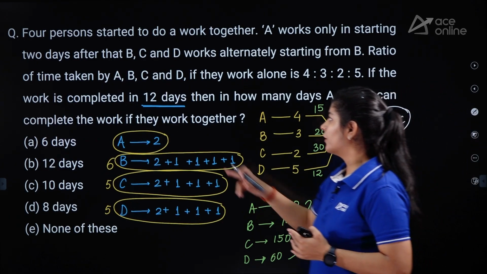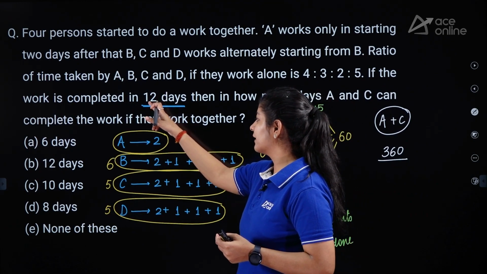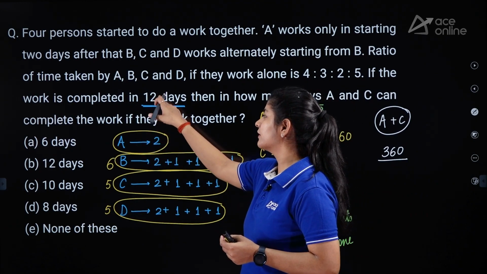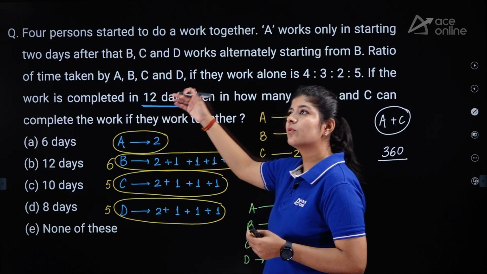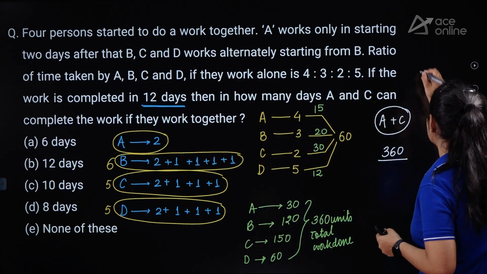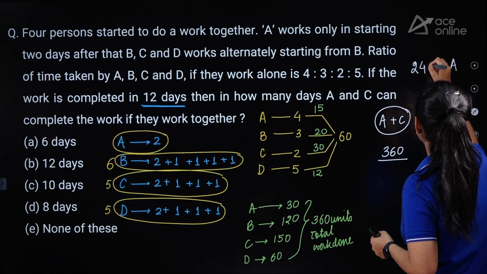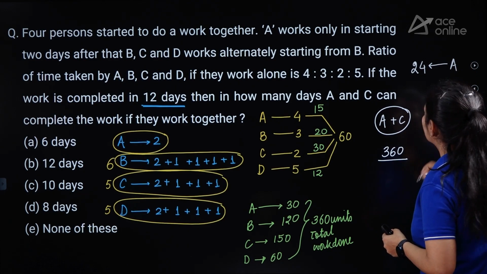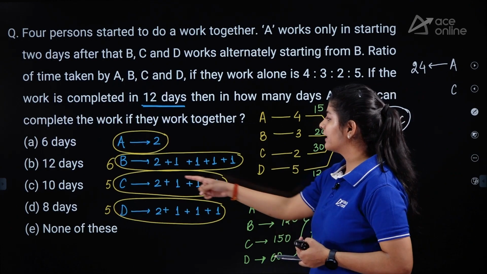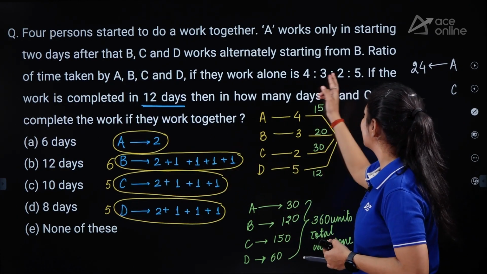So instead of this, he is doing it in this manner, so the work is completed in 12 days. So for A, it will take 24 days. For A, it will take 24 days, right? And for C, here it will take 5, and here we have 2.